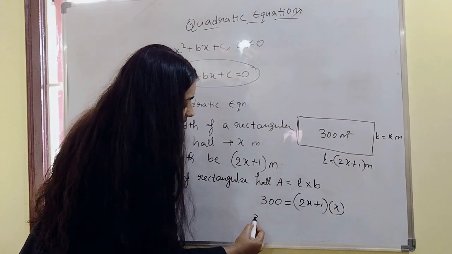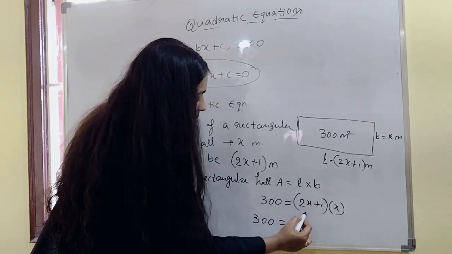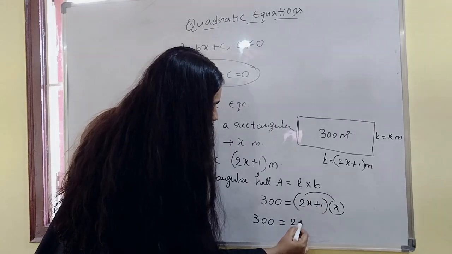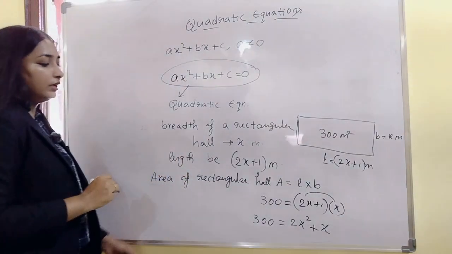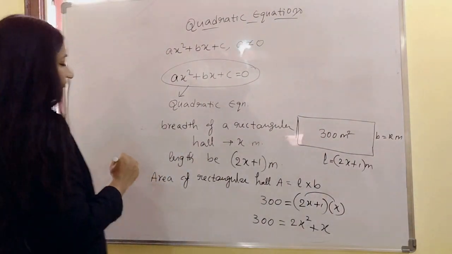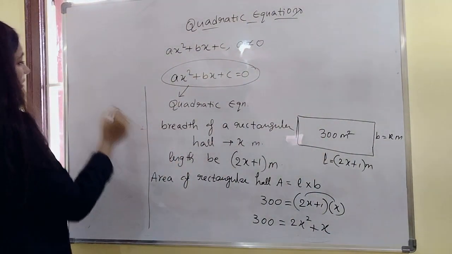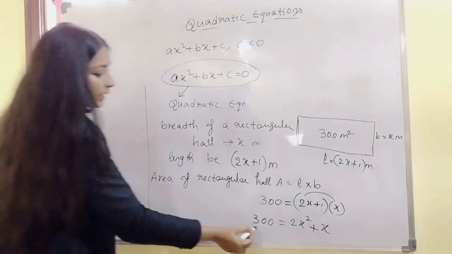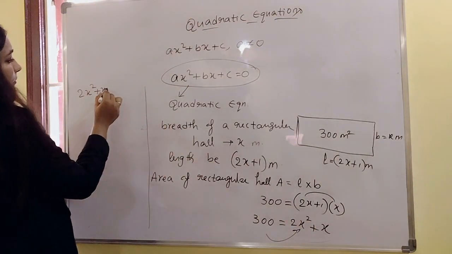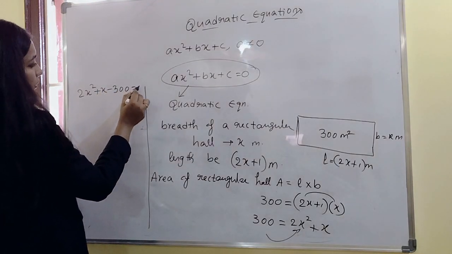Now I will simplify this equation. 300 is equal to 2x into x, 2x square, plus 1 into x, x. Again I will simplify. So here I am writing 2x square plus x. I am taking this 300 to that side. It becomes minus 300 is equal to 0.